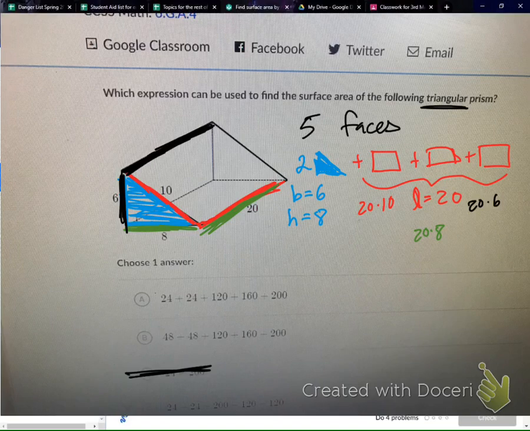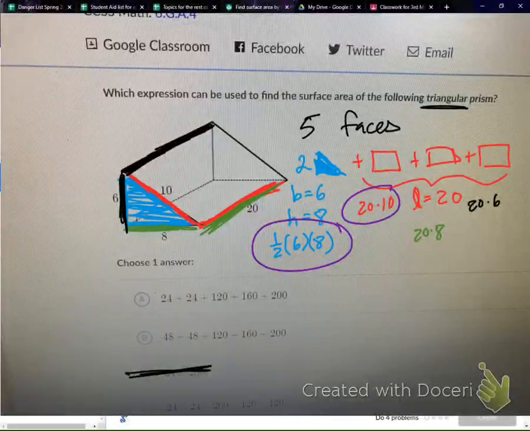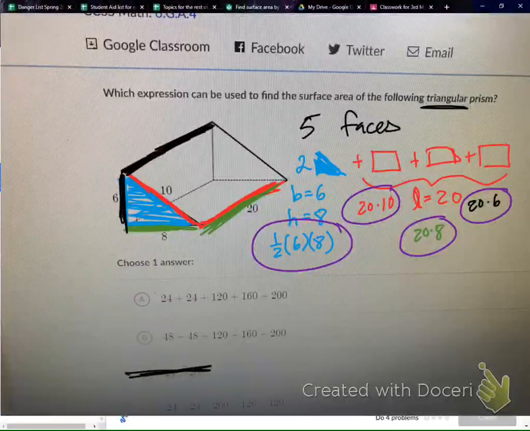And so I'll need to add up all of those things, remembering the formula for a triangle is 1/2 of my base times my height. And also remembering that there are 2 of them because I've got either end of the surface. Then all we really need to do to finish this problem is to write the equation that's adding up all 5 of those sides to find your correct answer.